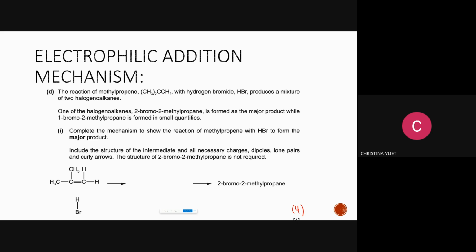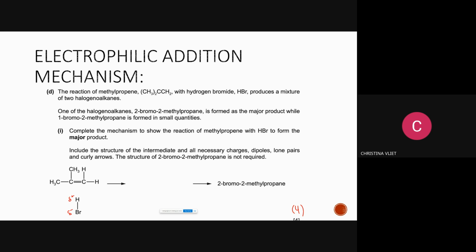Write your dipoles on HBr. Of hydrogen and bromine, which should have the negative charge? The halogen always. Even if you don't know the numbers, the halogen should have the partial negative charge, and the hydrogen should have the partial positive charge. So far, so good?